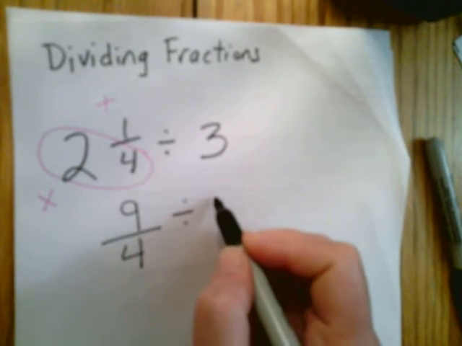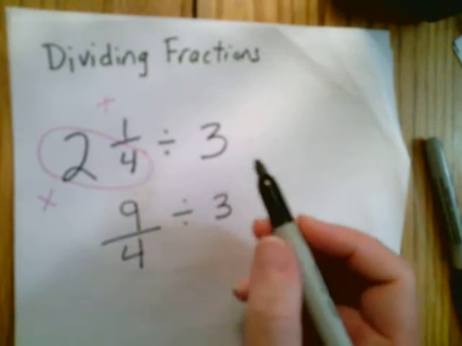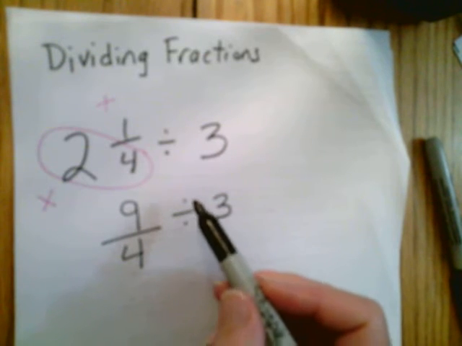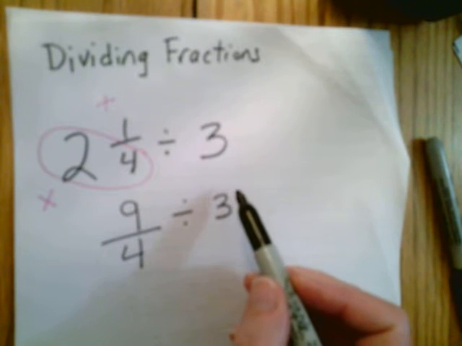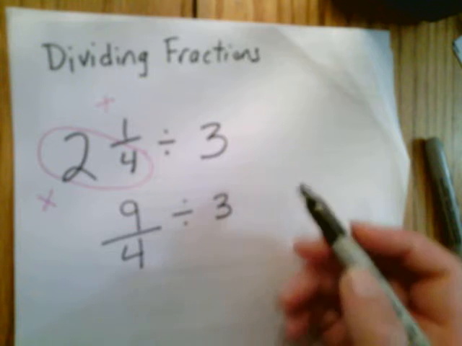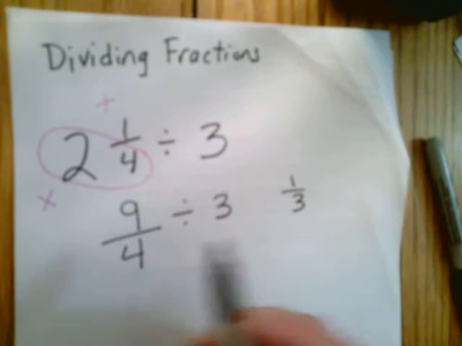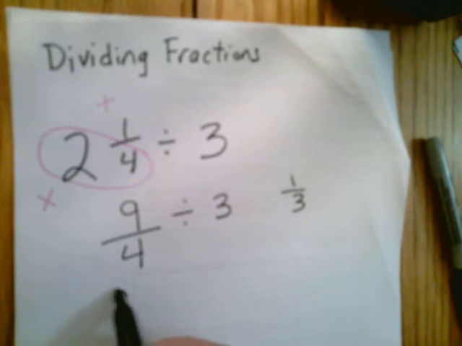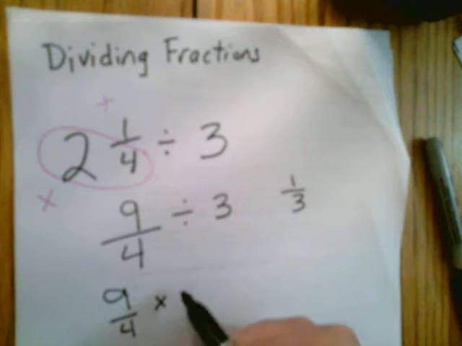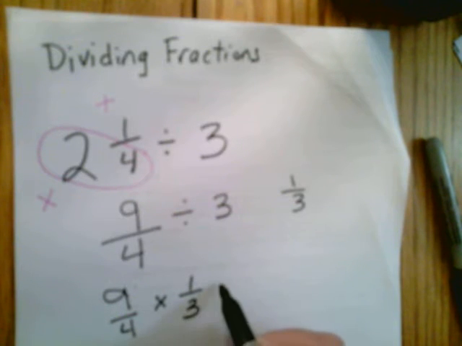Divided by 3. And remembering when we're dividing, we're going to multiply by the reciprocal. So the reciprocal of 3 is 1 over 3. Okay, so we rewrite the problem as 9/4 times 1 over 3.